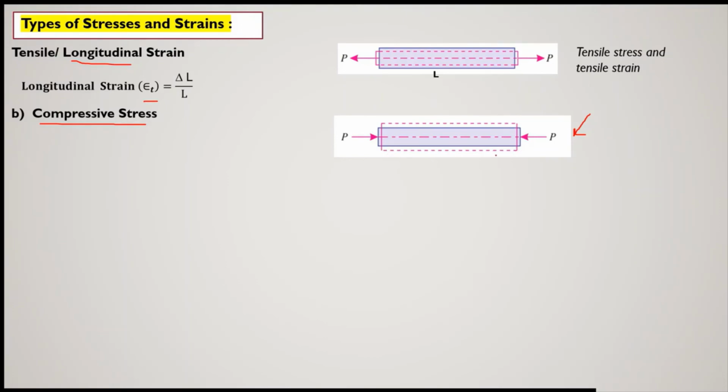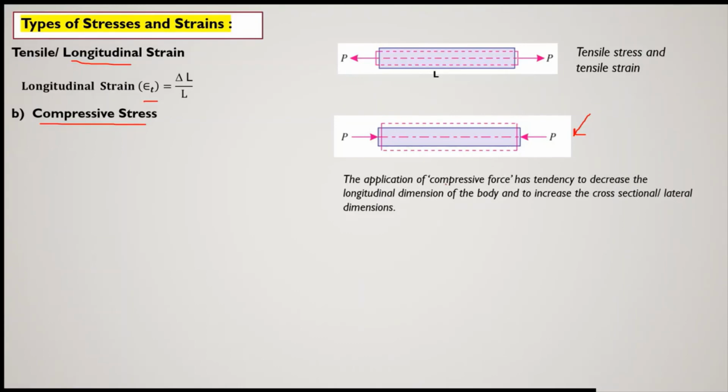So there may be some decrease in the longitudinal dimension or length. So the application of compressive force has the tendency to decrease the longitudinal dimension of the body and to increase the cross-sectional or lateral dimension. So when compressive force is acting, it will be associated with compressive stress and compressive strain.